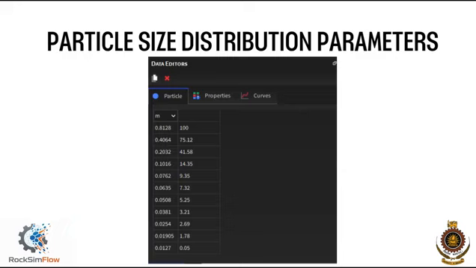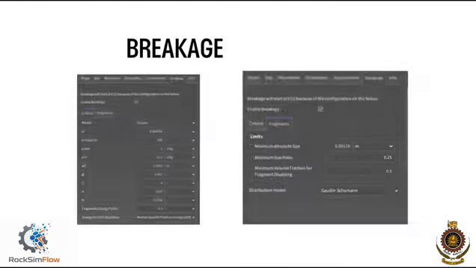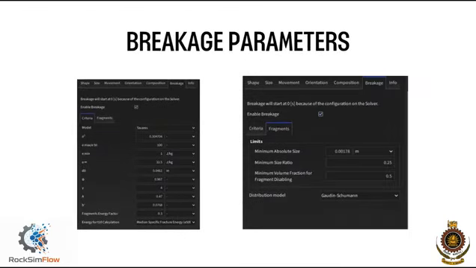Next, we define the particle size distribution. This step determines the range of rock sizes entering the system, from coarse particles to finer grains. This distribution curve is critical in replicating realistic feed conditions and predicting the output gradation accurately. The breakage parameters describe how rock fractures under stress.